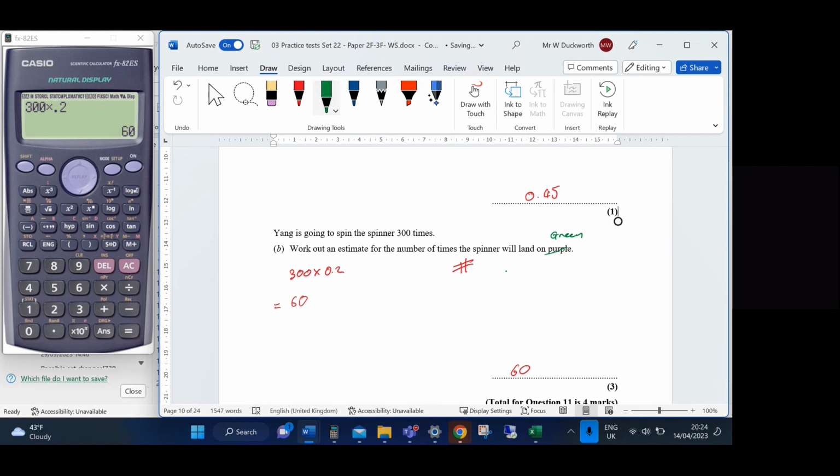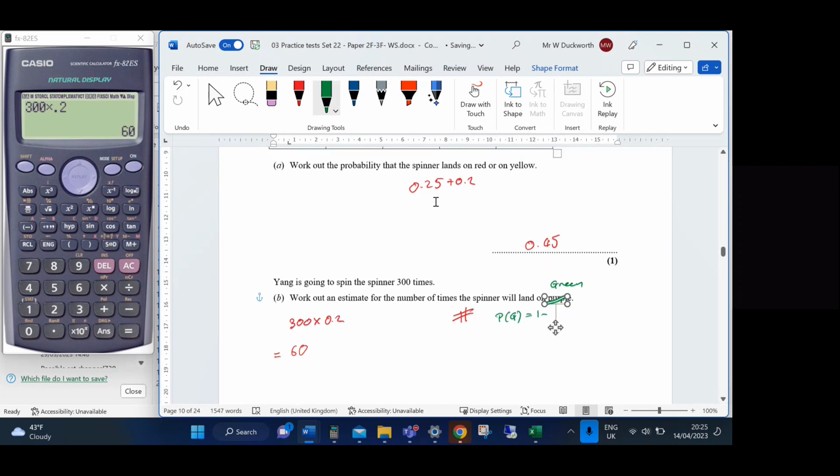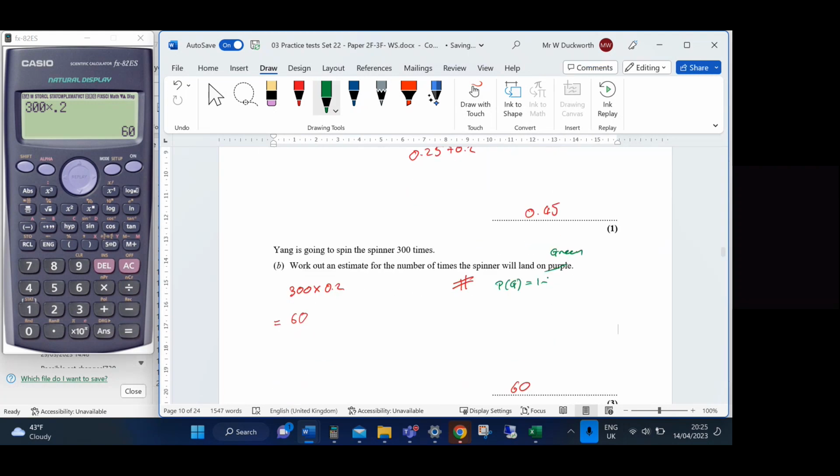So the probability of green, first of all, is going to be equal to 1 minus the other 3 probabilities, which are 0.25 plus 0.2 plus 0.2. So that's going to be 0.65. So 1 minus 0.65 is going to be 0.35.